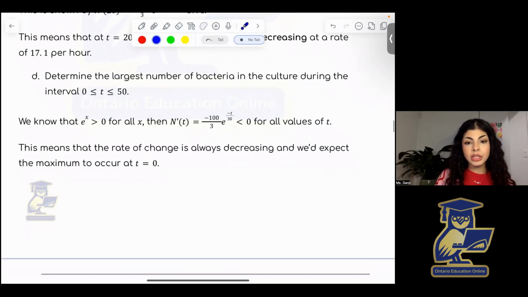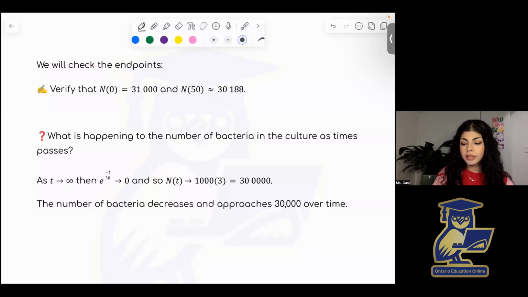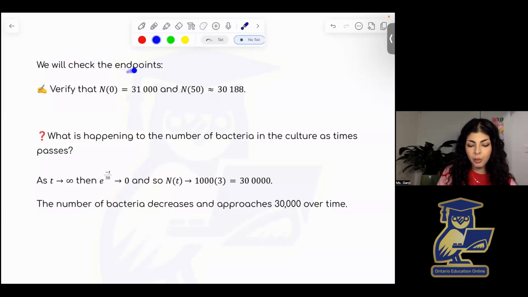So that means the function is always decreasing, and we'd expect the maximum to occur at t equal to 0. And so here, I would just suggest you check this for yourself. So just check the endpoints just to make sure. And you should find that n at time 0 is equal to 31,000. And then n at time 50, our other endpoint, will be 30,188.